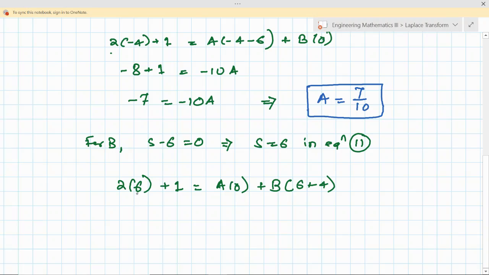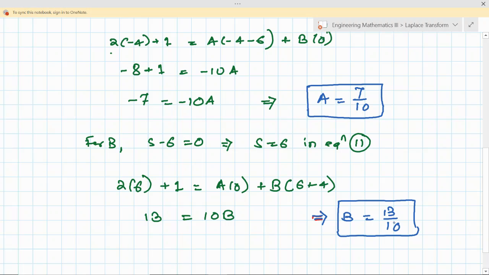Now 2 into 6 is 12, plus 1 is 13. 13 is equal to 10b. From this, b is 13 by 10. Got it?